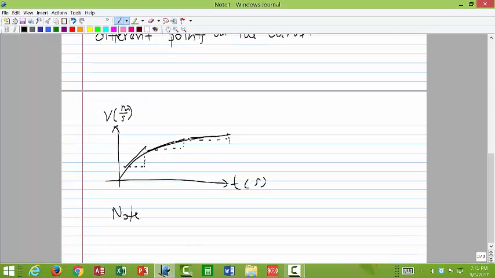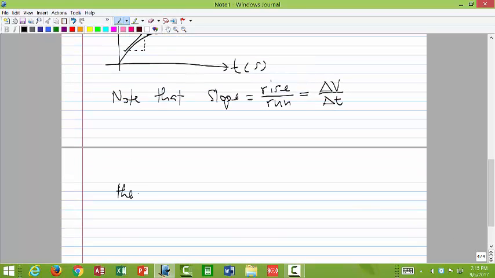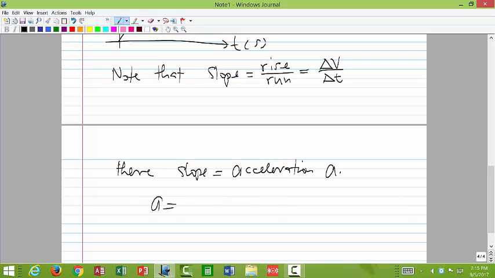Note that slope is equal to rise over run, which is equal to change in velocity over change in time. Therefore, slope is equal to acceleration A. So acceleration A is equal to change in velocity over change in time.